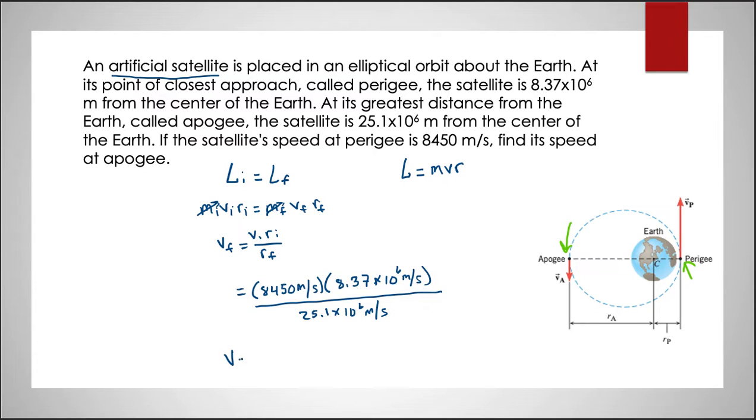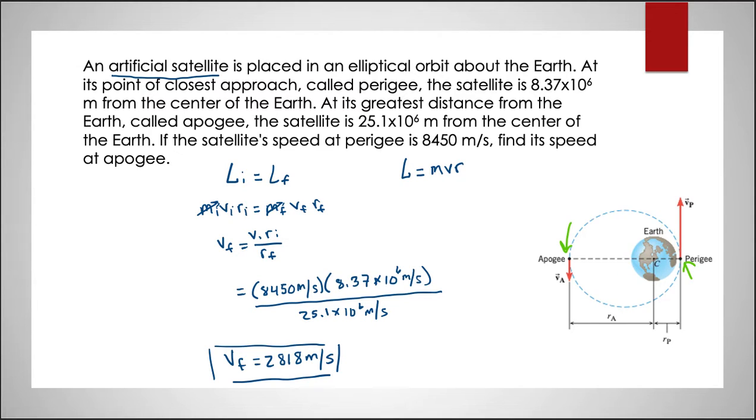So if you're taking a second to solve that, you should see that vf is going to work out to be 2818 meters per second. And you can see that there was a decrease, and that comes right from, again, the r in this case. It's really the determining factor, how far you are and how fast you are going to move.